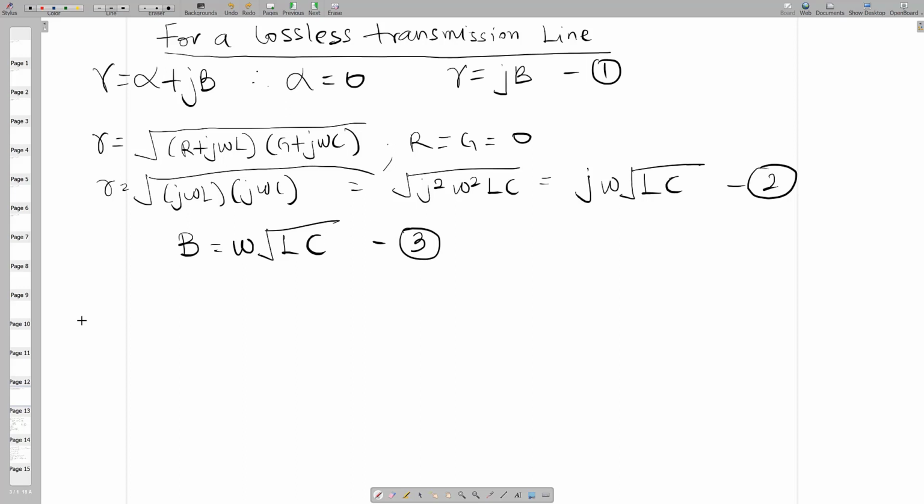In transmission line equations, we have lambda equal to 2 pi over the phase constant, which is beta. But remember that from equation 1 and equation 2, we proved that the phase constant can also be equal to omega root LC. So we can replace this phase constant by omega root LC.